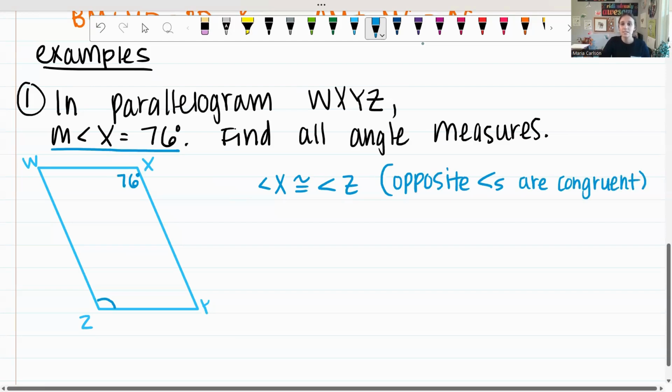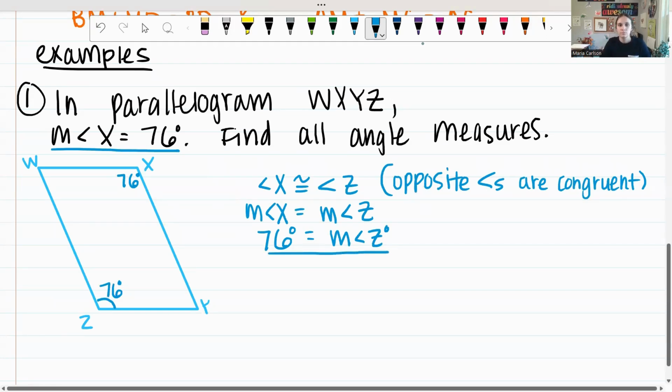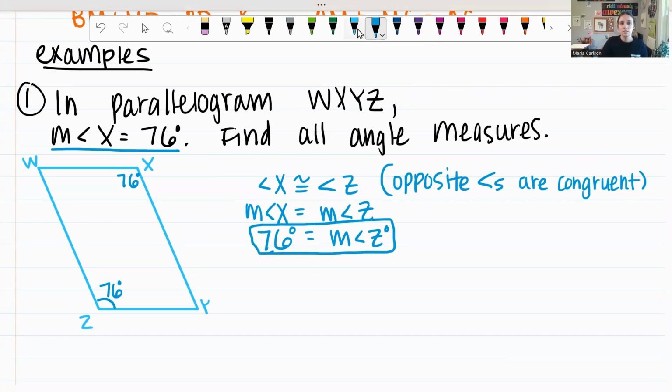So since angle X is congruent to angle Z, the measure of angle X is equal to the measure of angle Z. And since we know X measures 76 degrees, so does Z. So Z is also 76 degrees. So that's one of our angles that we needed to find.